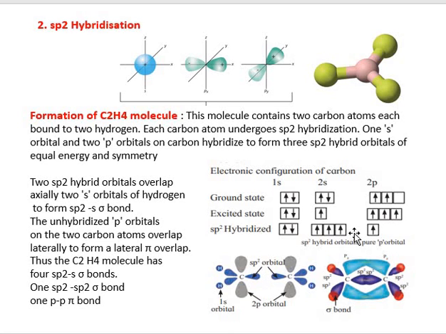If you are seeing right here, this s and these two p will undergo hybridization. This pz will remain like this only, which is a pure p orbital, and the other two hybrid orbitals which are sp2 will form sigma bonds with two hydrogens here, and this carbon's sp2 hybrid orbitals will be forming two sigma bonds with two hydrogen atoms here.